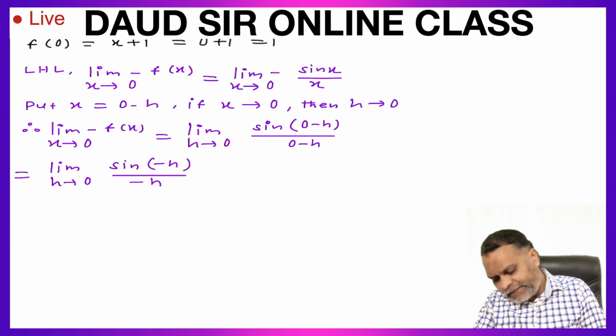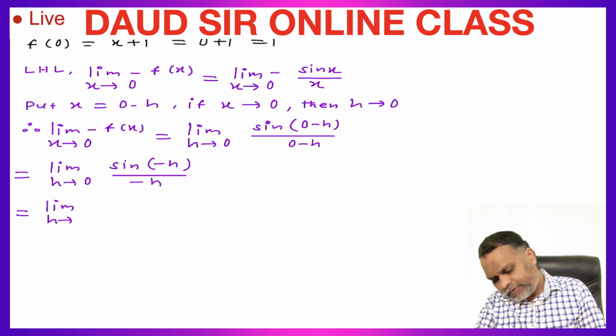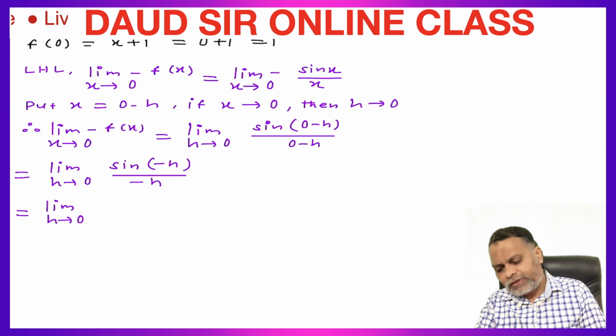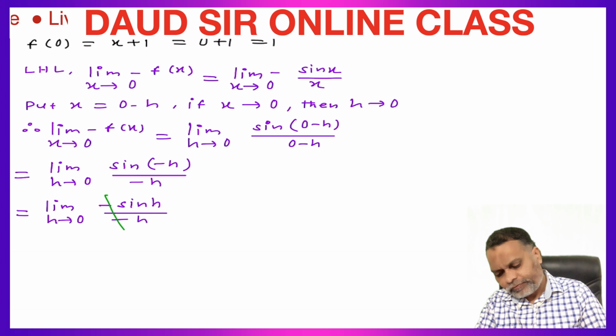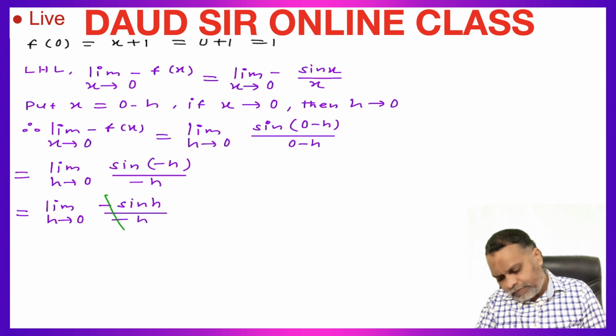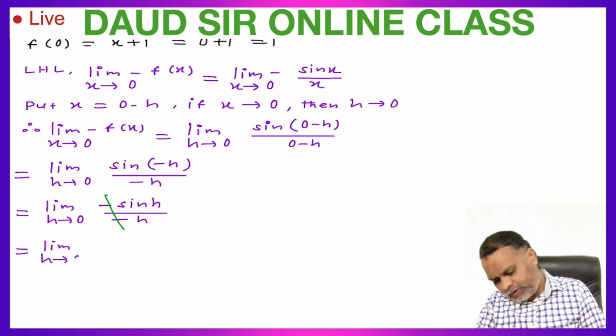Minus theta lies in fourth quadrant. In fourth quadrant, cos is positive, sine is negative, so sine minus h will become minus sine h upon minus h. This minus minus cancelled, which is equal to limit h tends to 0 sine h upon h.